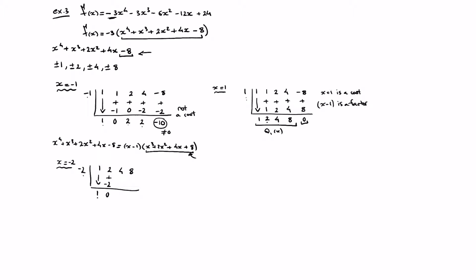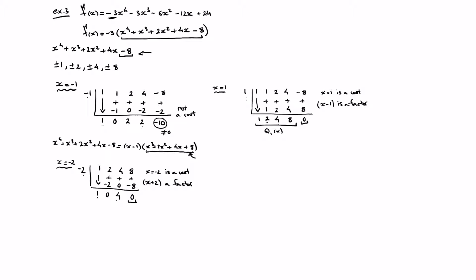Negative 2 times 0 is 0. 4 plus 0 is 4. And negative 2 times 4 is negative 8. Finally, 8 plus negative 8 is 0. And since we find 0, we can state that x equals negative 2 is a root, and therefore x plus 2 is a factor.